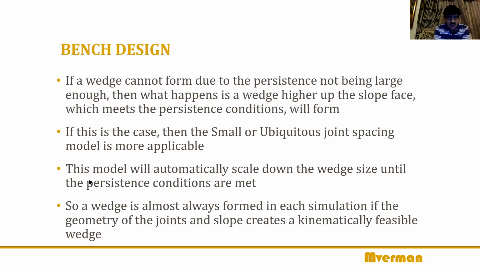Now once you choose that, the model will automatically scale down the wedge size until the persistence conditions are met. Whatever persistence you give, the wedge will be formed accordingly. Which means a wedge is almost always formed whenever you run the analysis, if the slope geometry and the joint geometry are such that the wedge is being formed kinematically.